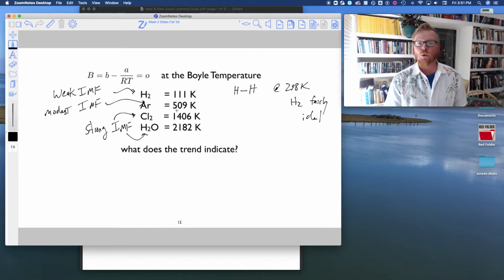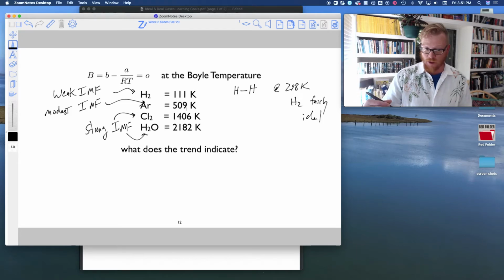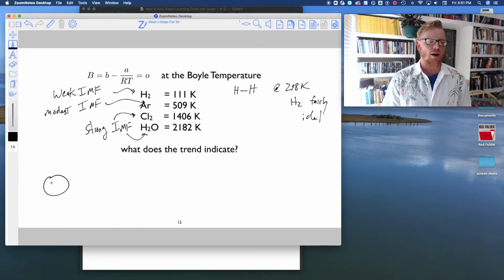So that's really cool. So what does that mean for argon? Well, that means for argon at 298 K, which is below its Boyle temperature, argons are attracted to each other. And that's true because, well, we know argon has a lot of electron density.